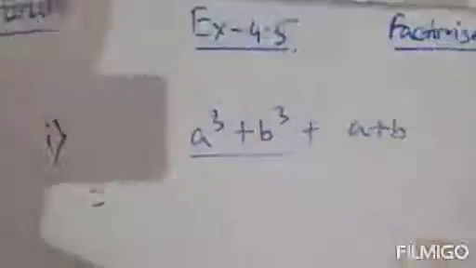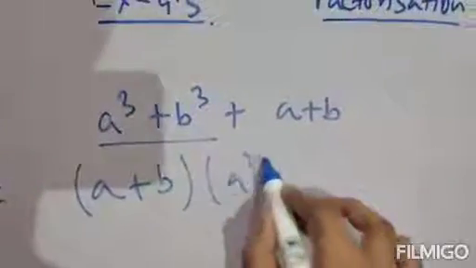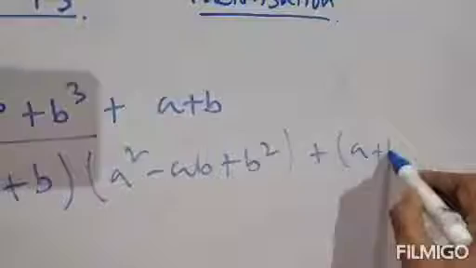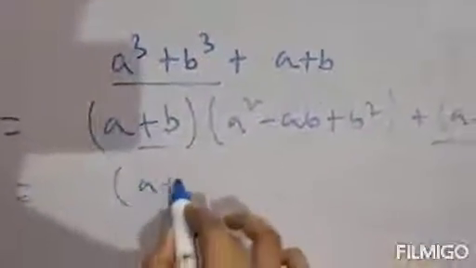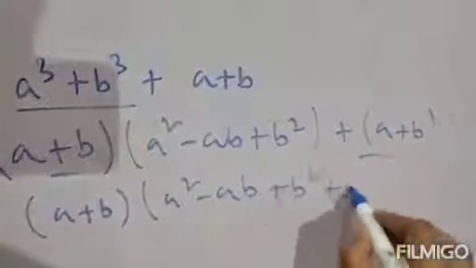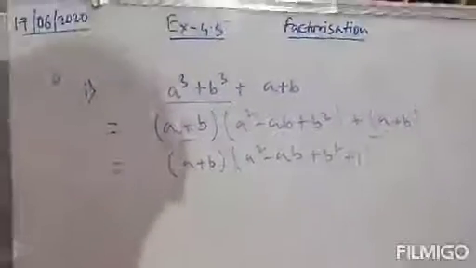So this is the formula: a to the power 3 plus b to the power 3 is (a plus b)(a square minus ab plus b square), and this is a plus b, just put it in a bracket. So there is a plus b, so take one (a plus b) as a common, that is (a plus b)(a square minus ab plus b square plus 1). This is your answer. 6-1, very easy question. The final answer is (a plus b)(a square minus ab plus b square plus 1). Clear? 6-1 complete. Next question.